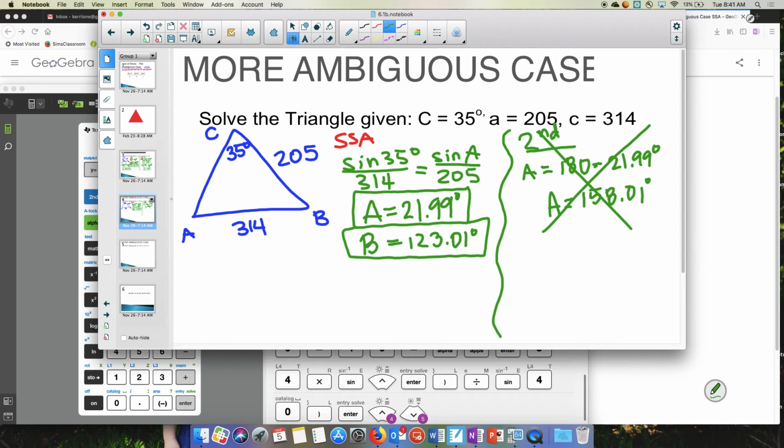And then we can use that information to find side B. Our other two sides are pretty big. Angle B is the biggest angle by quite a bit, so side B should be significantly bigger than the second two. What do you got for me?